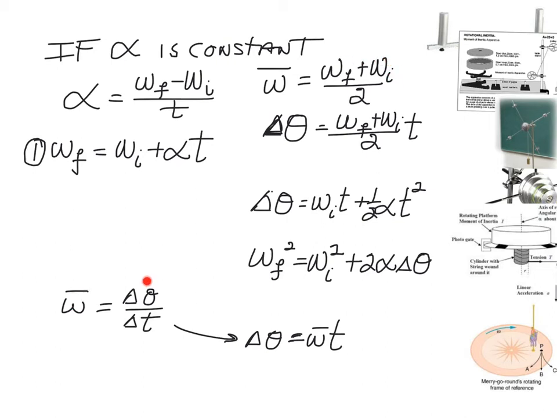The average angular speed by definition is this. If we rewrite it, we get delta theta equals the average omega times the time. And if I bring that up here, and I substitute this version of omega average, we get this equation. And this equation is on our list of kinematics equations, what we call number 2.